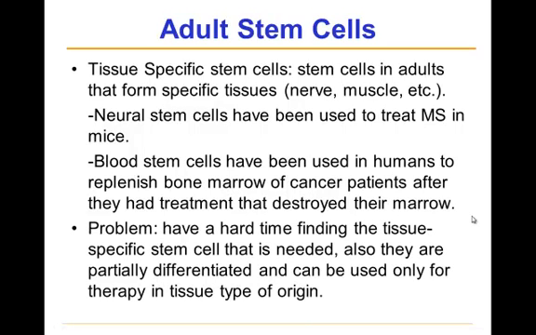But there is a problem with adult stem cells, and that is we weren't even aware that certain types of tissues had adult stem cells until fairly recently, because they are very hard to find at times. And so we can have a severe problem finding the tissue-specific stem cell that is needed. And of course, their partial differentiation limits them to only the type of tissue from which they have been harvested.